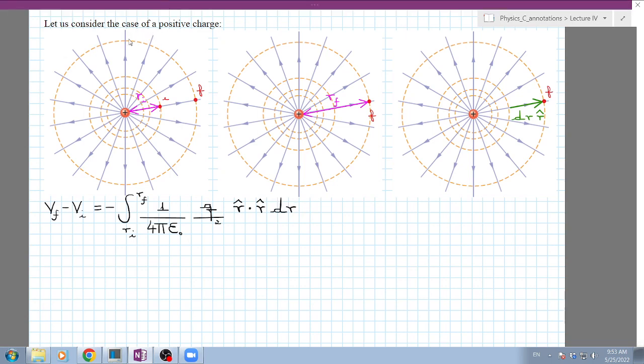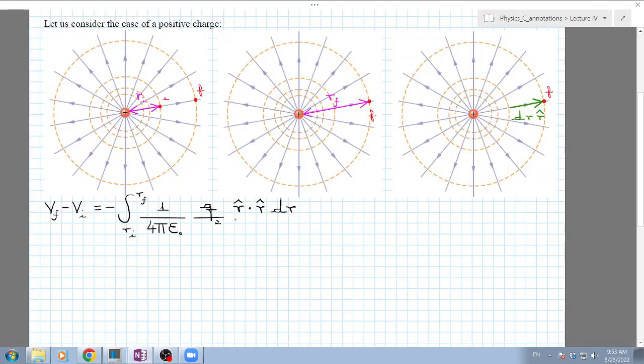We know that this scalar product is going to be 1, since they are parallel.